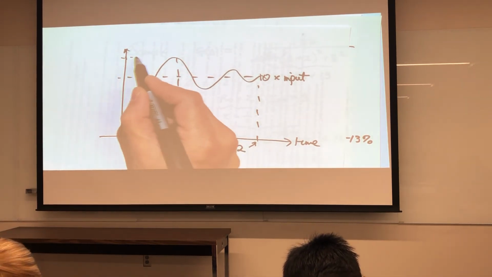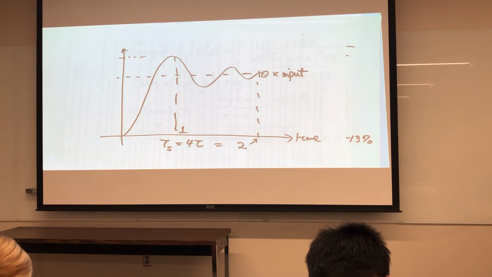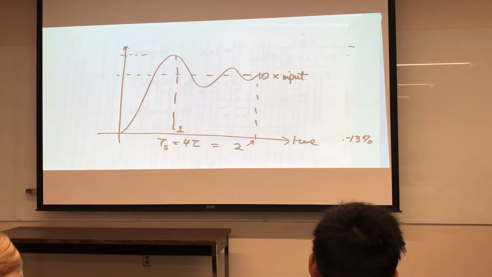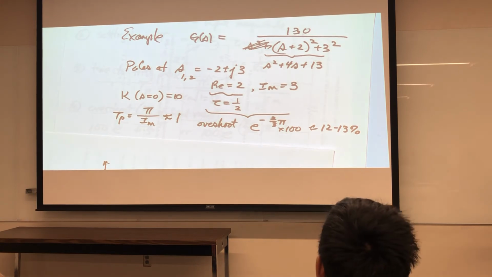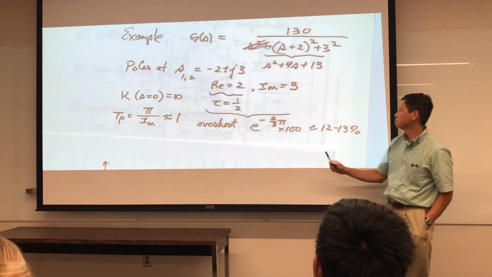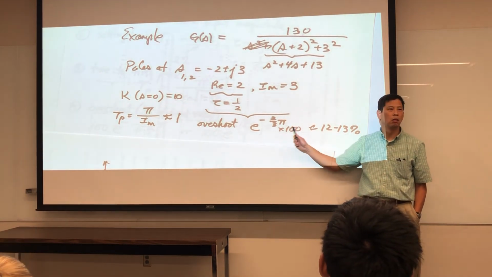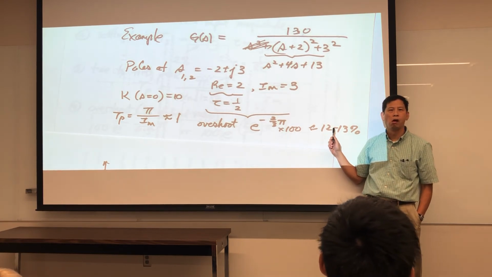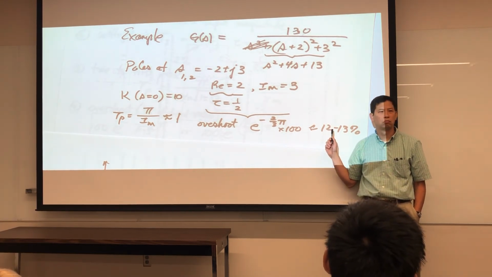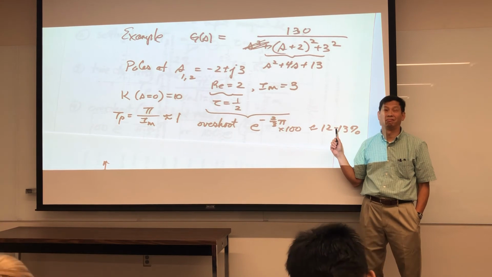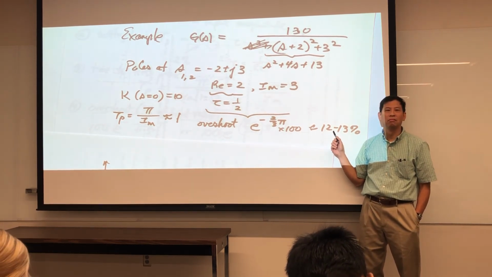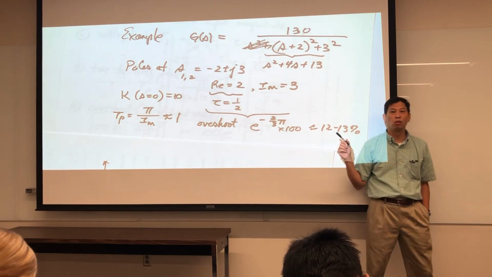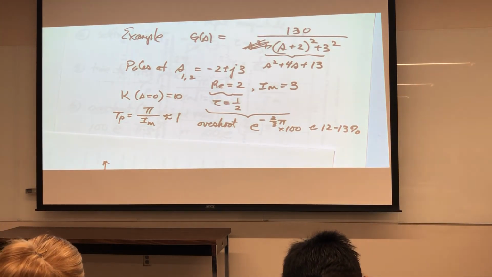And then what is the peak value here? Do I have enough information to determine what is the peak value? It's like, what, 11.2? 11.2, 11.3. Okay?